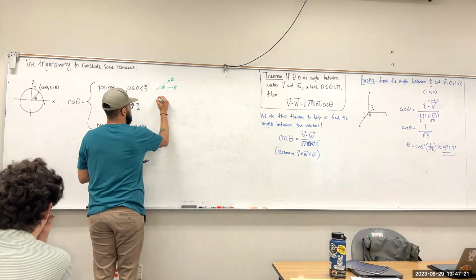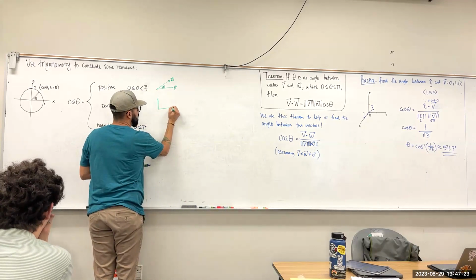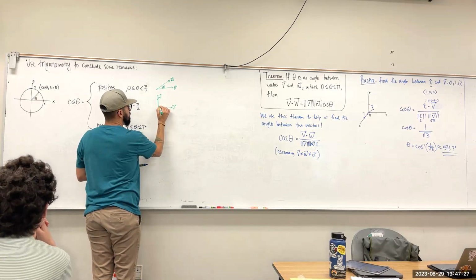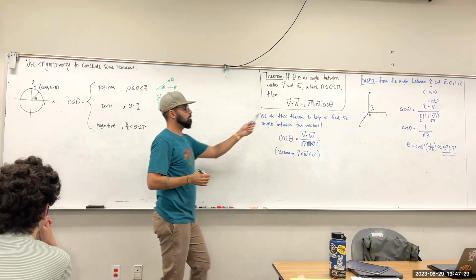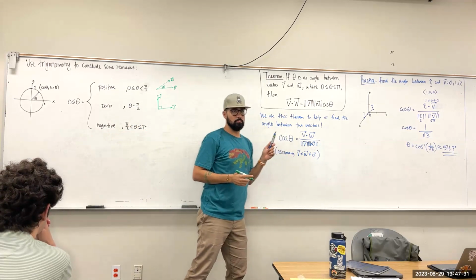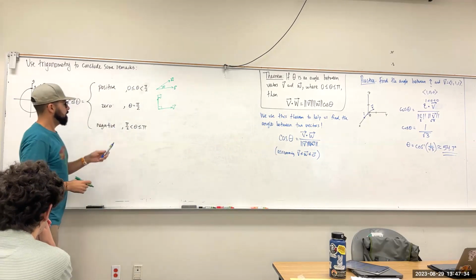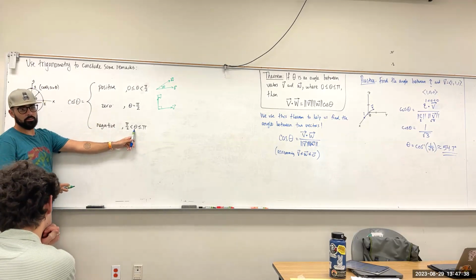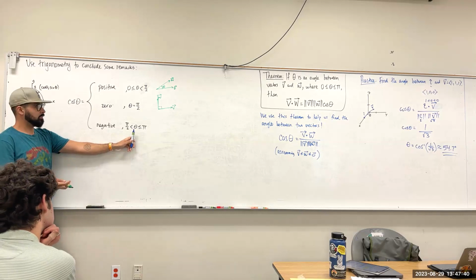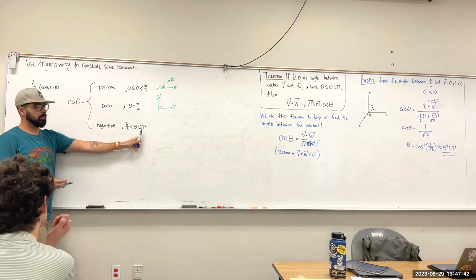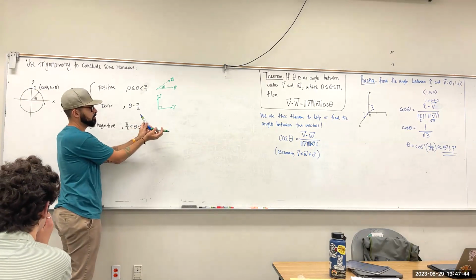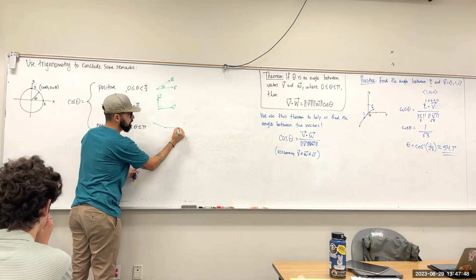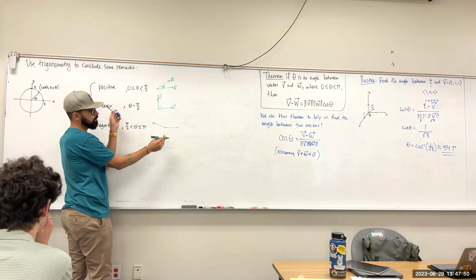So when the vectors are perpendicular to each other, the dot product gives you 0. And if the dot product is negative, that happens because cosine is negative, which happens when the angle is bigger than 90 but less than 180. So it'll be obtuse, and the vectors are kind of pointing away from each other.